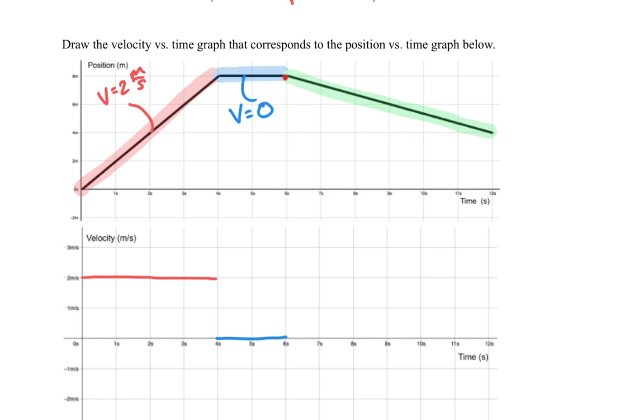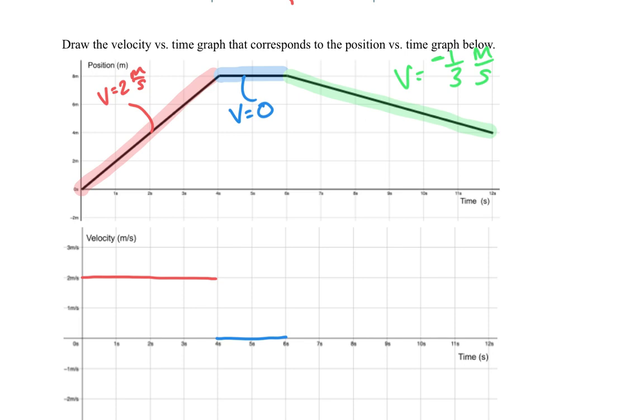Because he goes from 6 meters to 4 meters from 6 seconds to 12 seconds. So in 1, 2, 3, 4, 5, 6 seconds, he goes 2 meters. So that velocity, check my math for me, is 1/3 of a meter per second. But remember, it's negative. So I have to have negative 1/3 meter per second.